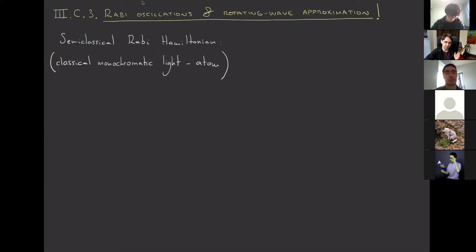So we have interaction between a classical monochromatic beam of light and the atom.